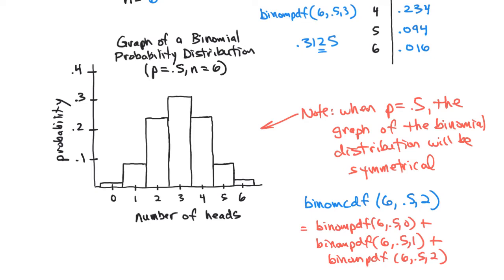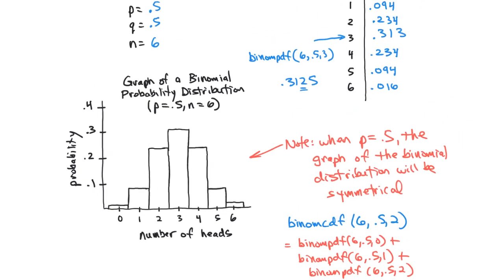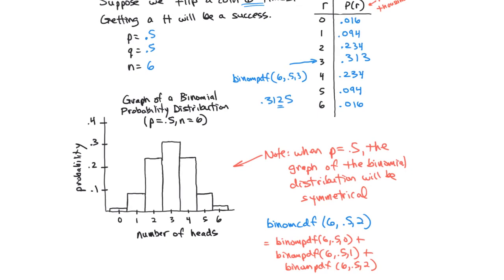So remember these are N, P, R. So basically I would take these numbers up in the table, and if I ask the calculator this question, it's basically going to take these numbers here and add them all up.